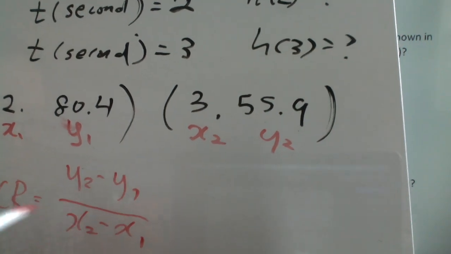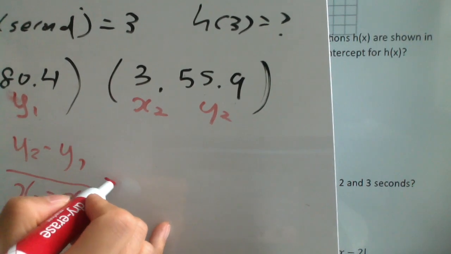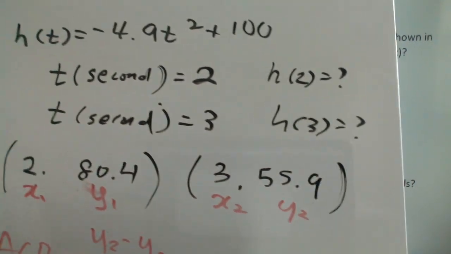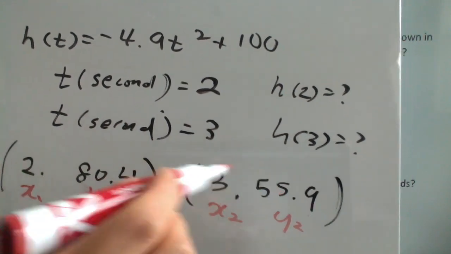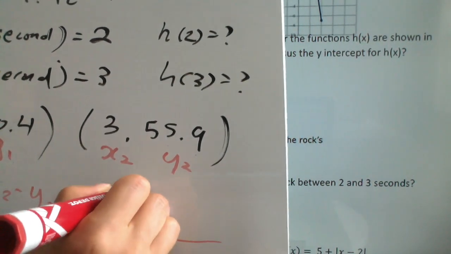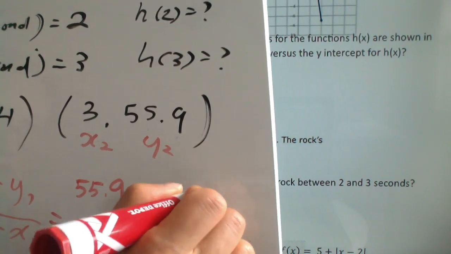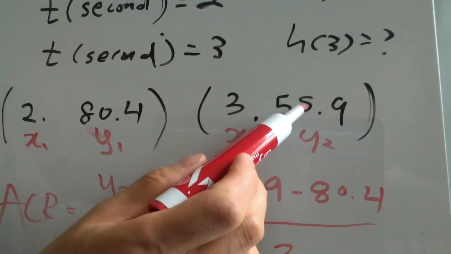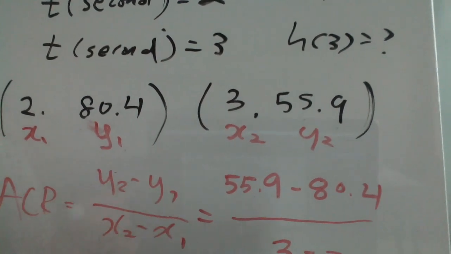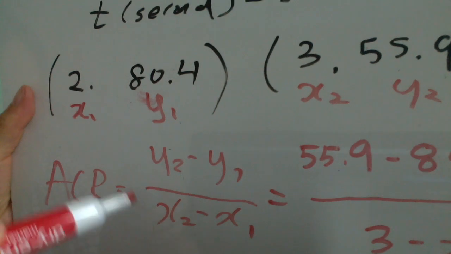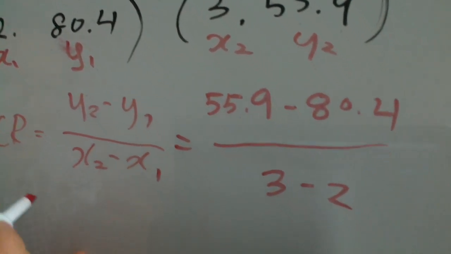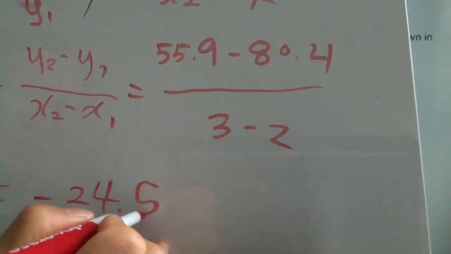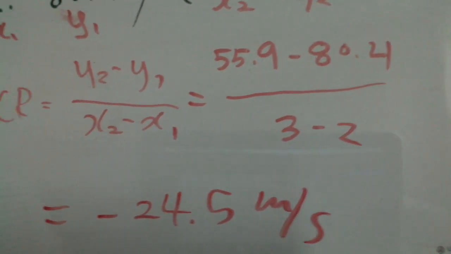So I'll put 3 minus 2, yes, 3 minus 2, and here I followed what we have right here, the formula. So the answer I got is negative 24.5 meters per second. That's the answer.